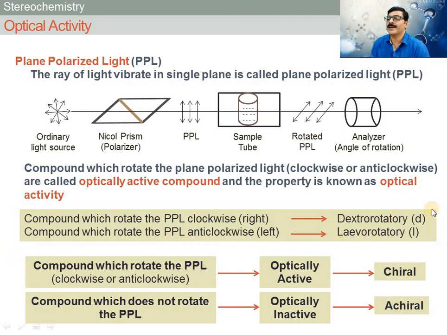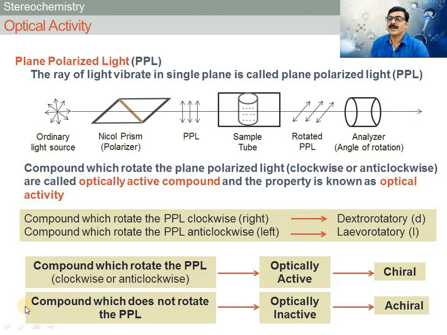So on the basis of angle of rotation, clockwise or anti-clockwise, you can find the dextrorotatory and levorotatory compounds. And if the compound rotates the plane polarized light clockwise or anti-clockwise, then it is an optically active compound, and an optically active compound contains a chiral carbon atom, and such a molecule is chiral. Means the molecule contains a chiral or asymmetric carbon atom, then it is optically active, and such a compound can rotate the plane polarized light.